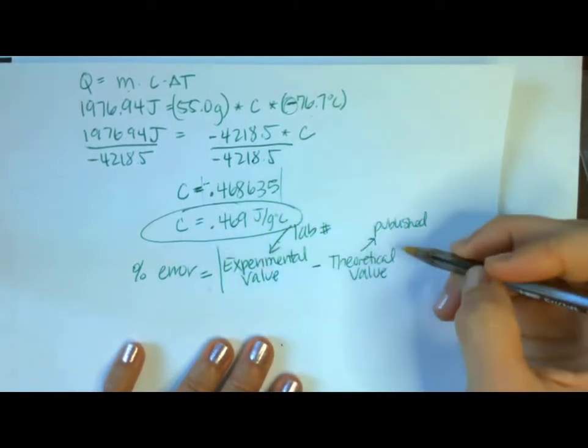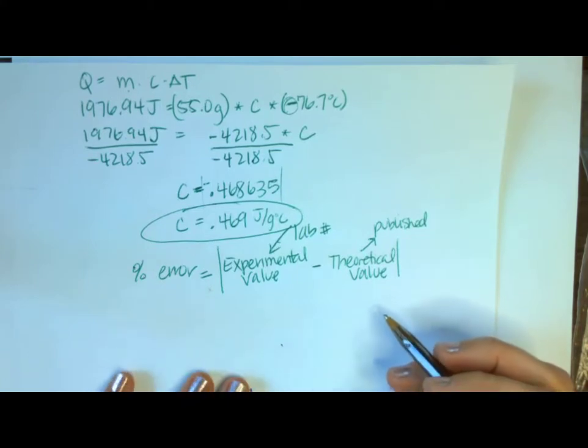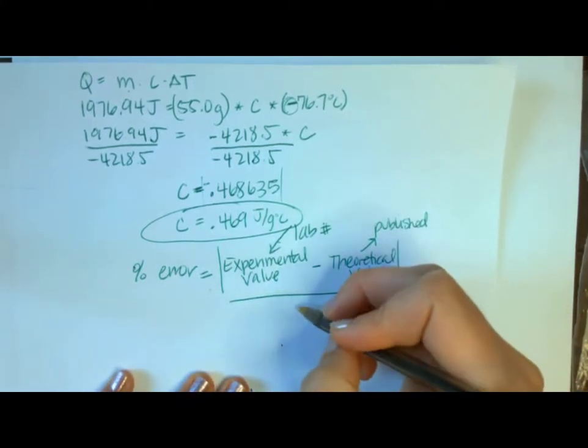So experimental minus theoretical, take that absolute value, and then divide it by the theoretical value.